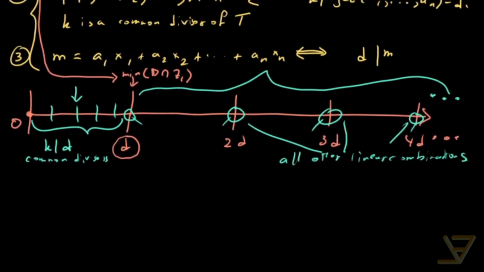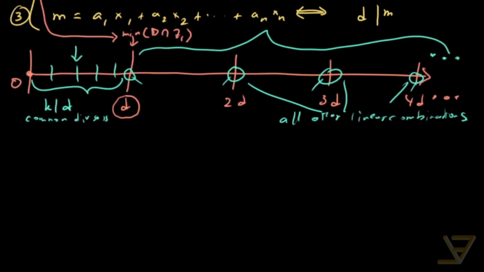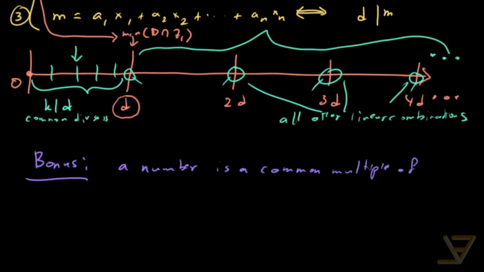And I just want to mention one more thing, which has to do with the LCM. It turns out, this is a bit of a bonus, but the proof is very similar. A number is a common multiple of t, and this is assuming all the elements of t are non-zero, otherwise we can't speak of common multiples.